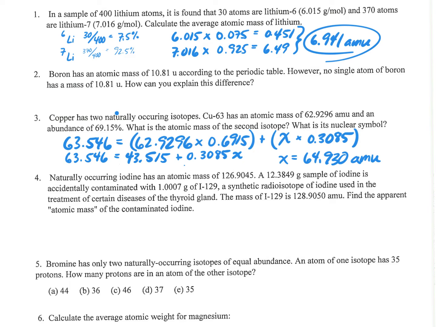All right, so I solved for X. I think what I did was pretty obvious, just using simple algebra. Solve for X. So what is the atomic mass of the second isotope? It is 64.30 AMU.